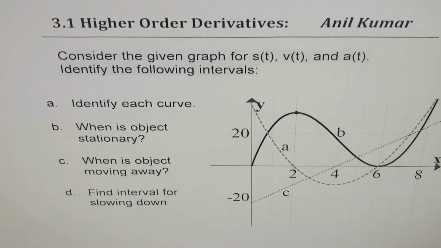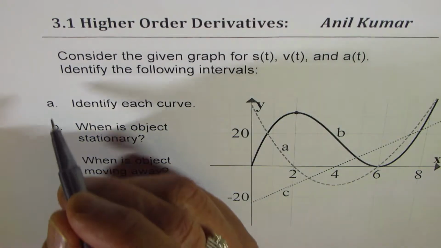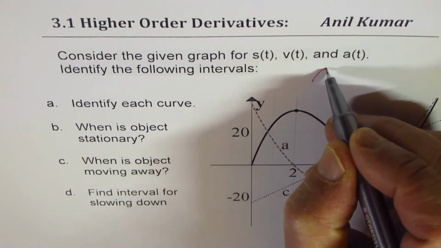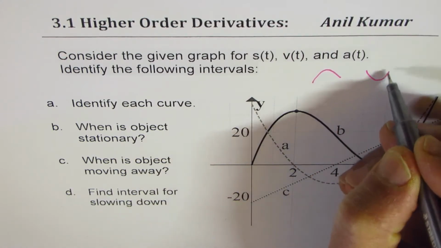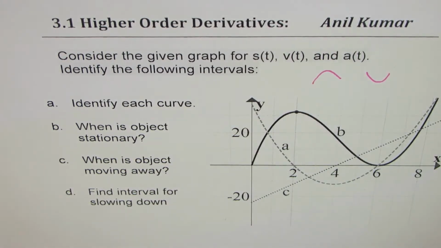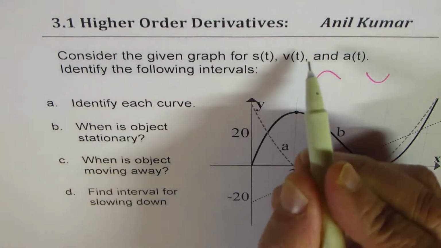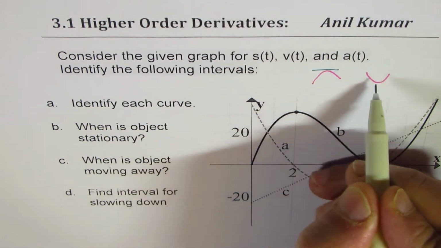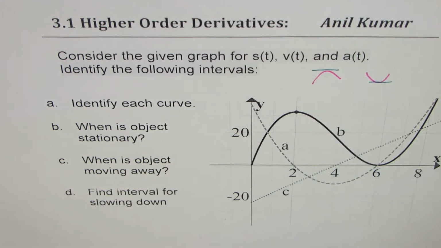Now the key to figure this out is that whenever you have a turning point, maybe like this or maybe like this, what is the slope at the turning point? That is the key. Whenever we have a turning point, the slope is always 0.